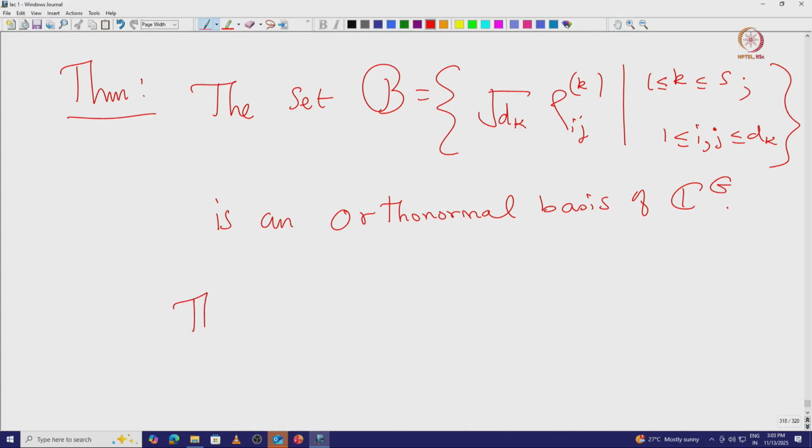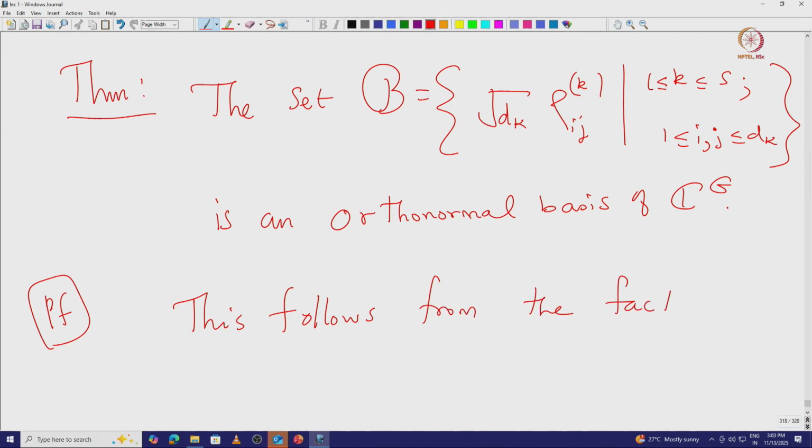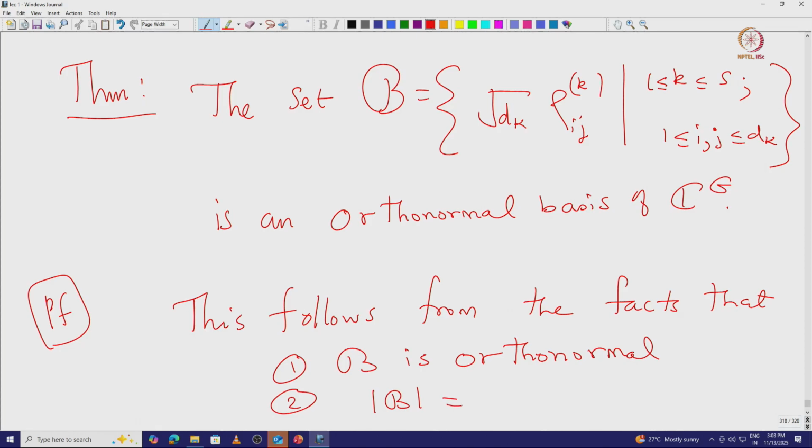So, this follows from the facts that B is orthonormal and the cardinality of B is exactly the cardinality of G, which is the dimension.